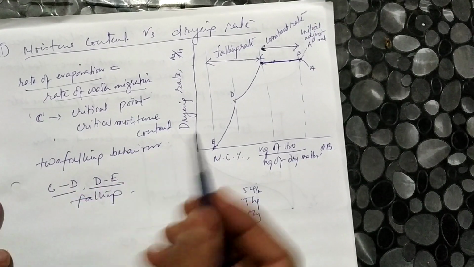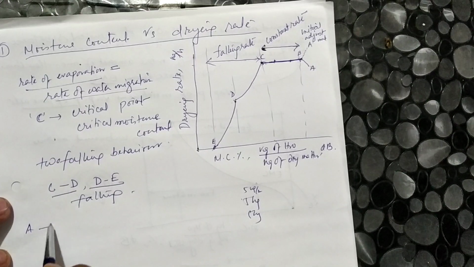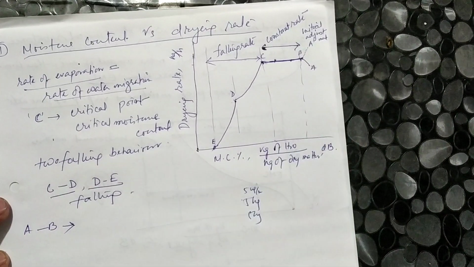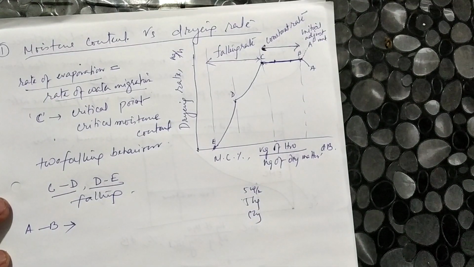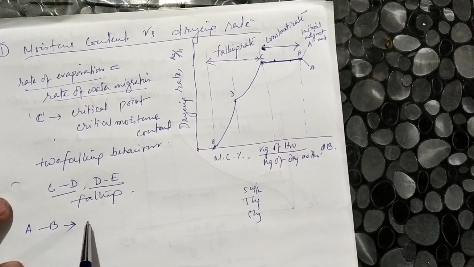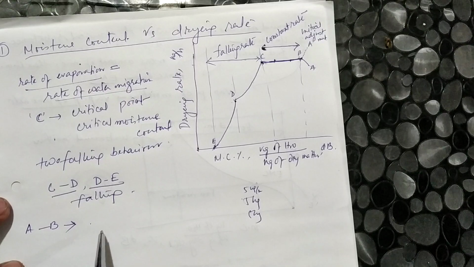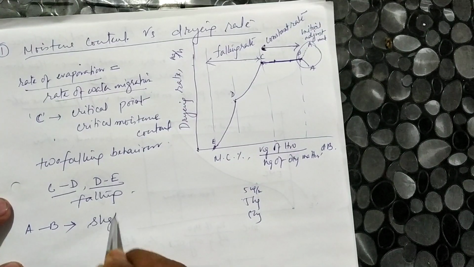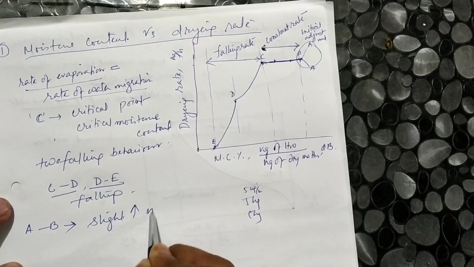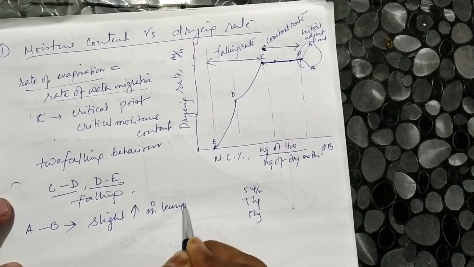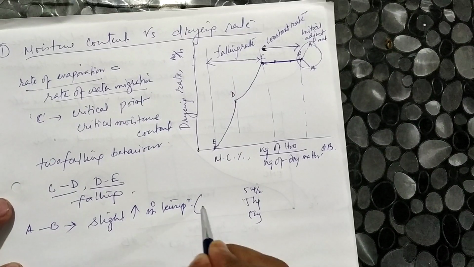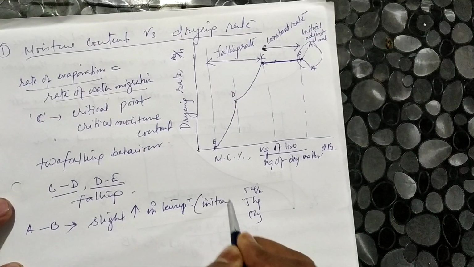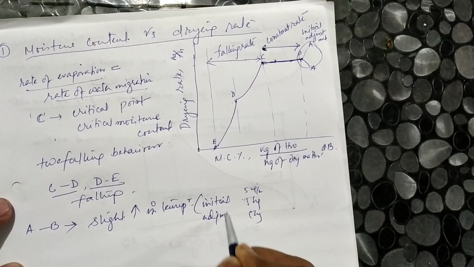Now if you classify all these things, A and B is called initial removal of moisture. Initial removal of moisture occurs as the product and the water within the product experience a slight increase in temperature. We also call it initial adjustment.